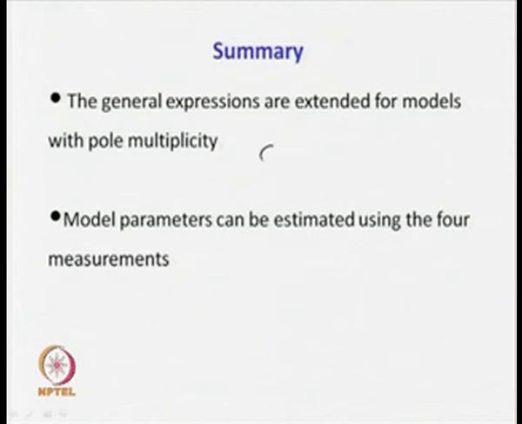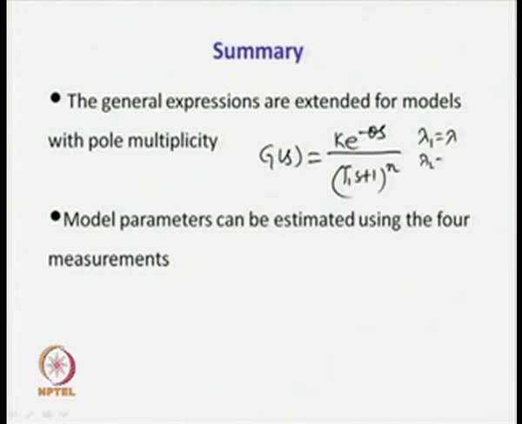So, the model can have n number of poles also, it does not matter, the same set of analytical expressions can be used with proper limiting values only, where I can have n number of poles located at the same point in the S plane. Only thing I have to take care of is the lambda. So, lambda 1 has to be lambda, lambda 2 has to be lambda minus alpha and so on, and lambda 3 can be constant or may not be constant depending on the type of model.